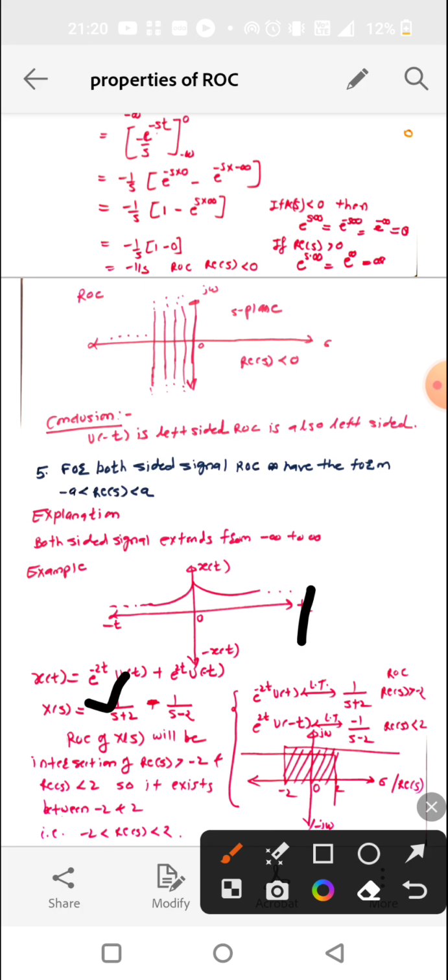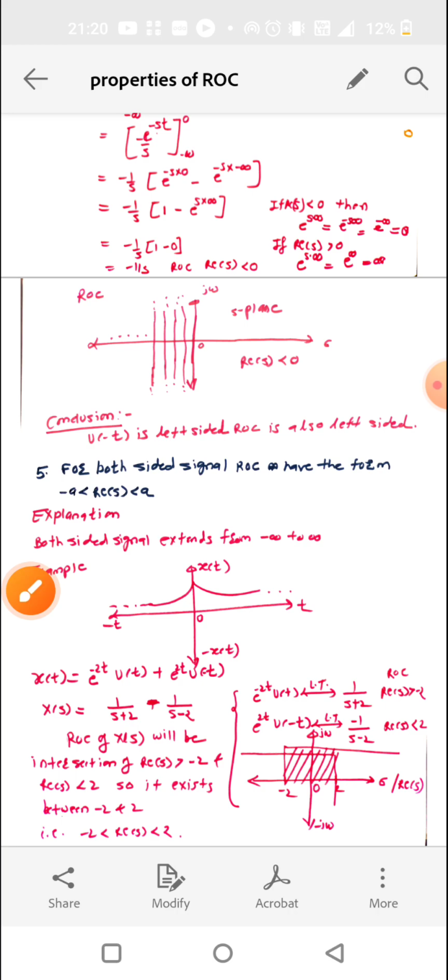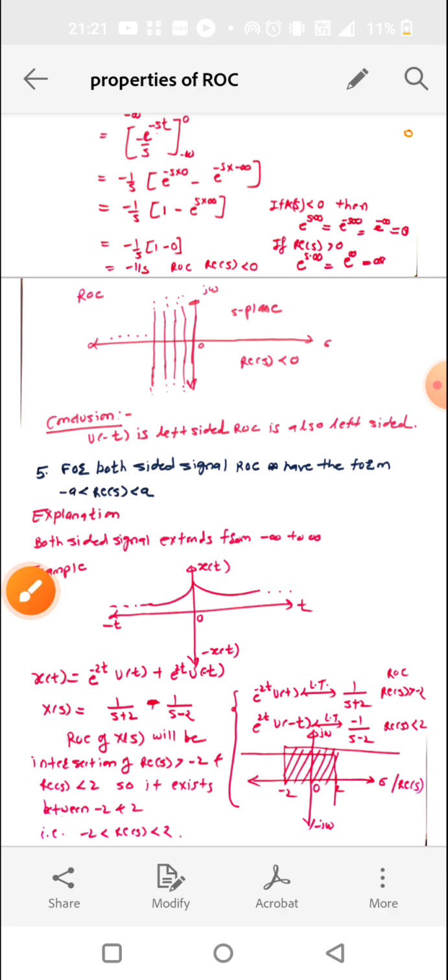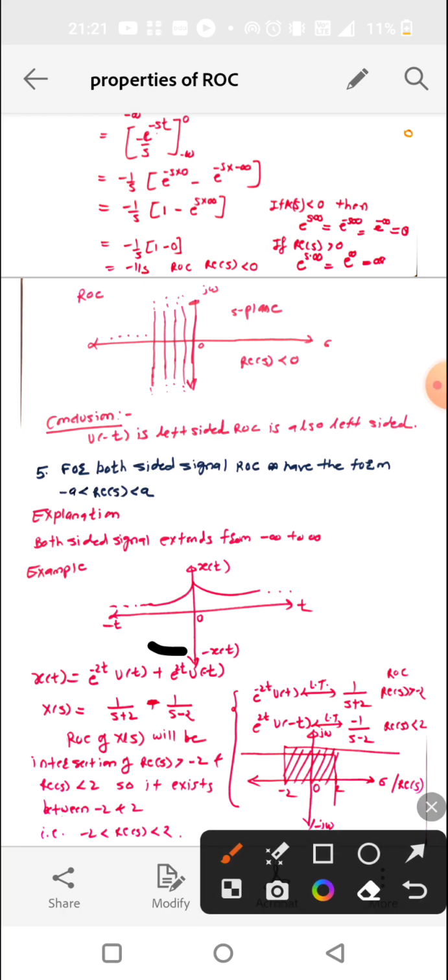But for this video, we are just going to write it down, and it is very easy to write. So if it is minus 2, you have to take 1 by s plus 2, and plus e raised to 2t u(minus t) gives minus 1 by s minus 2, since here it is 2.